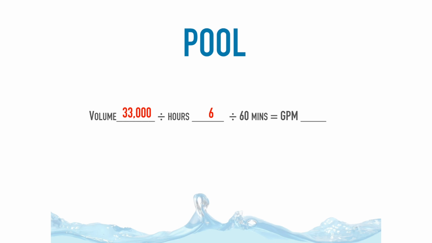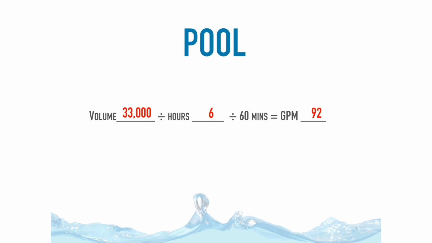We've already got our 60 in there, so let's do the math all the way across. 33,000 divided by 6 divided by 60. And what does that give you? If you calculated 92 gallons per minute, that is correct. You're going to have 91 and some change, but we'll round up to 92 gallons per minute here.